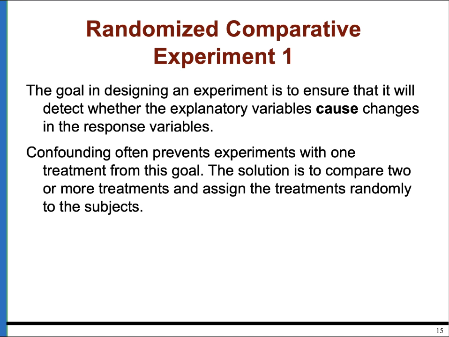Whatever results we see, we know the confounding variable affected both groups. And so any distinguishable difference between the two or more groups can be attributed to the treatment and not to this potential confounding variable.